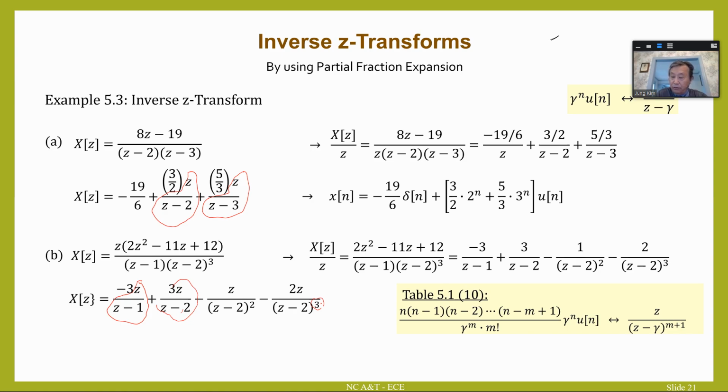So m plus 1 equals 3, so m equals 2. m equals 2 means that gamma is 2.